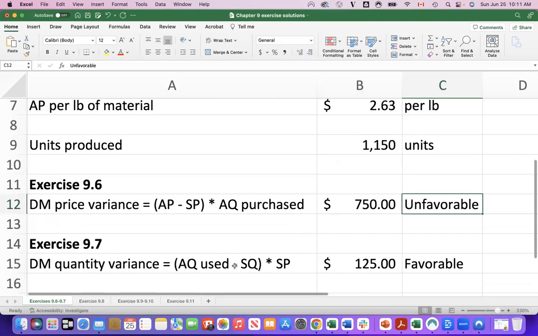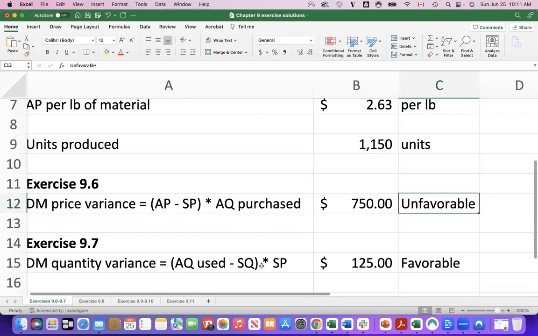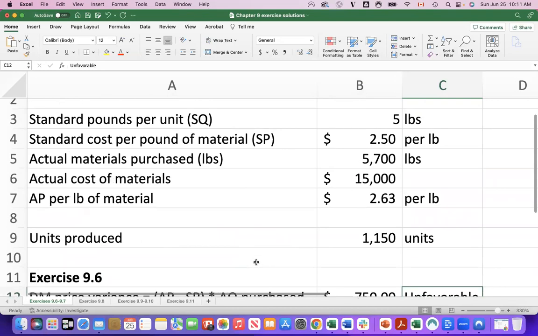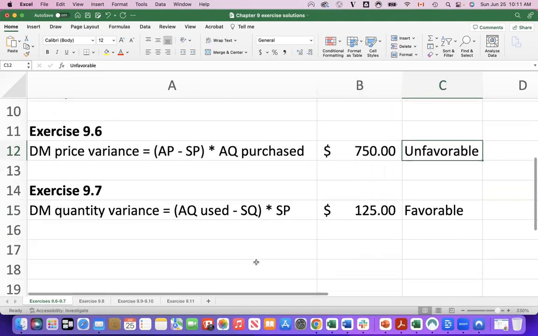The quantity variance is the difference between the actual quantity used, which in our case is the same as the amount purchased, the 5,700 pounds, and we subtract from it the standard quantity. Remember what the standard quantity is. It's the amount of materials we would have expected to use at this activity level.